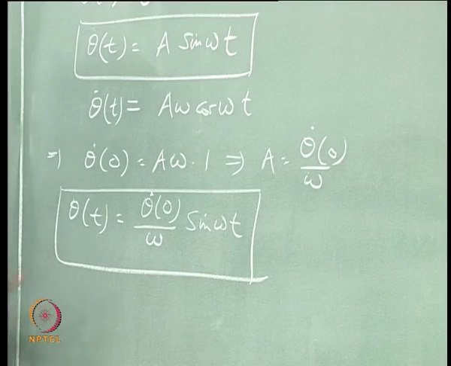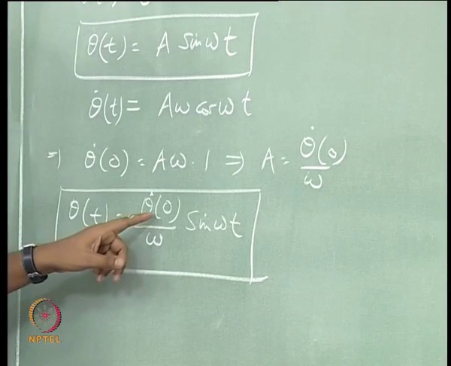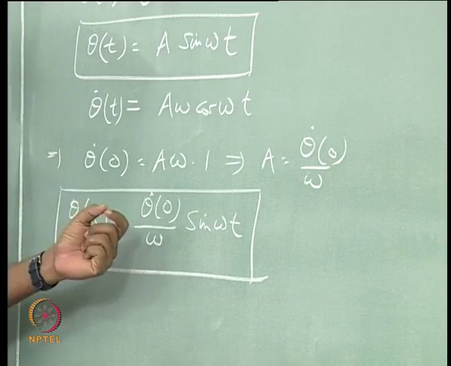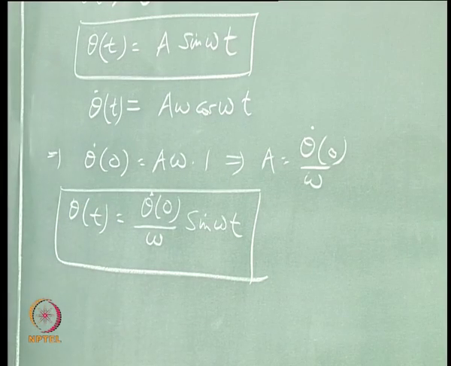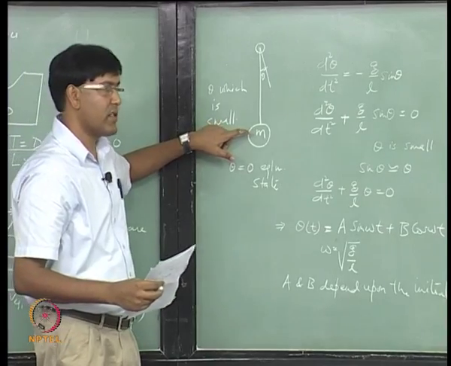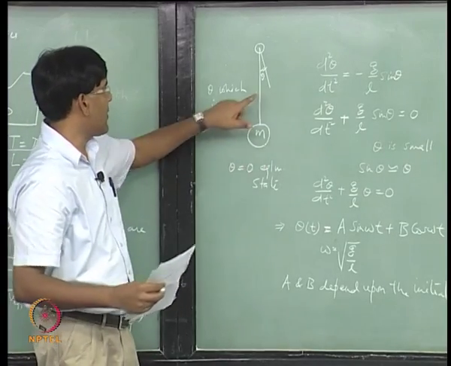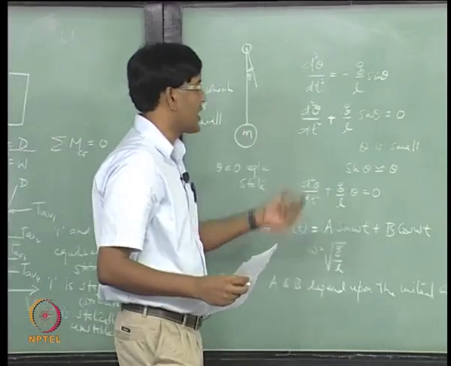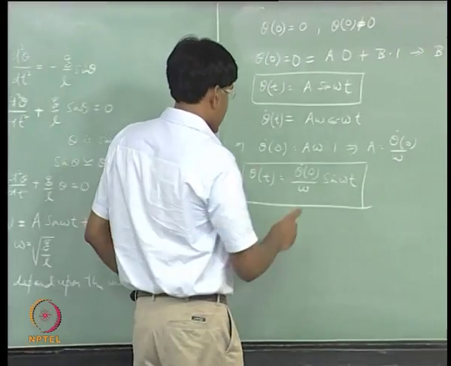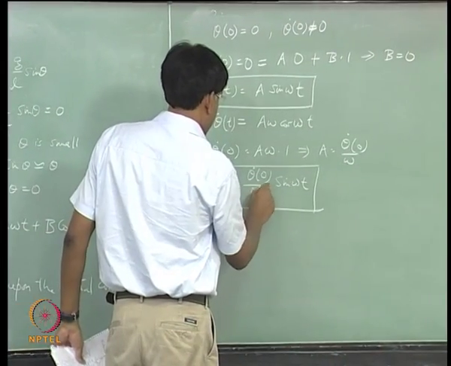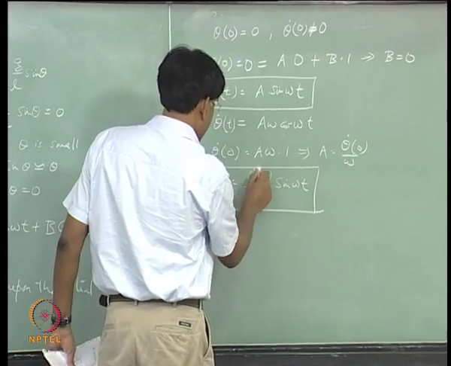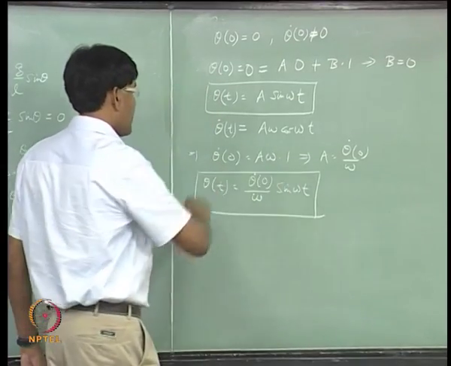So, clearly depending upon the impulse that you give to this mass to make it move away from this equilibrium condition, will result in the amplitude of the motion.